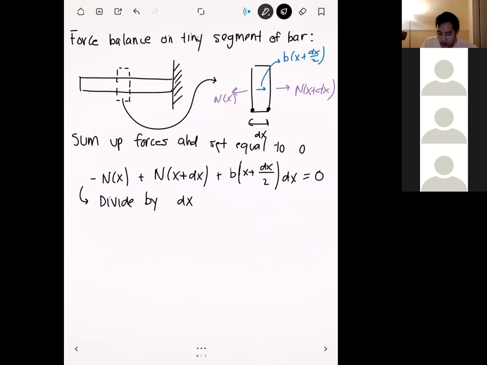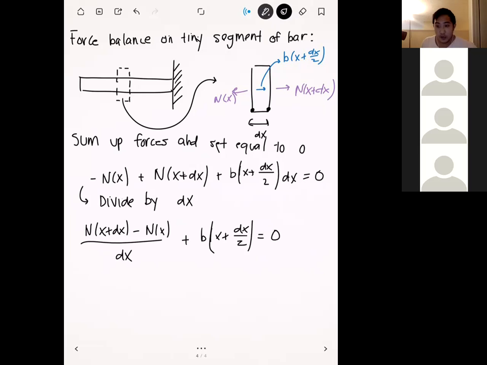Right. So let's take this expression and divide it by dx. We have n of x plus dx minus n of x, divided by dx, plus b of x plus dx over 2, is equal to 0.